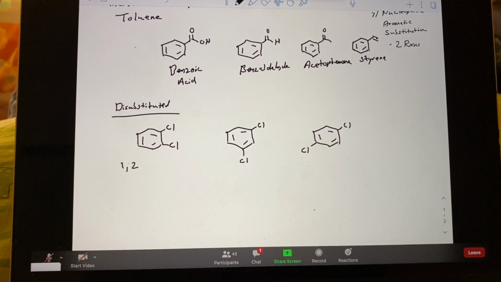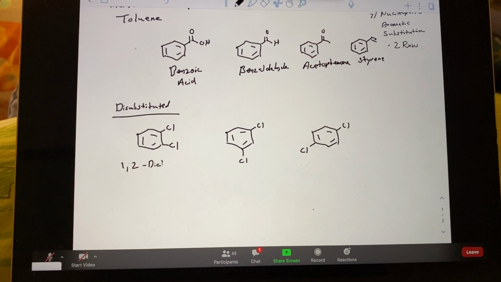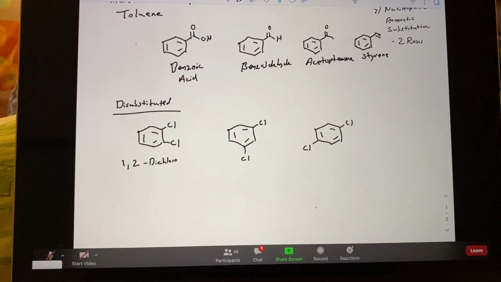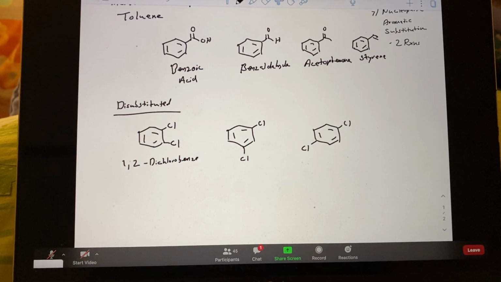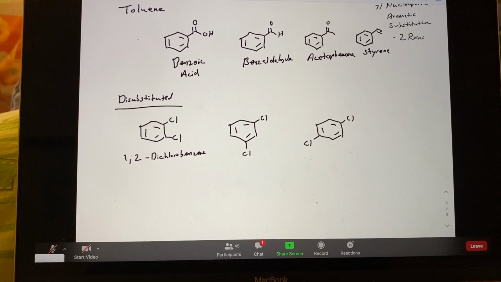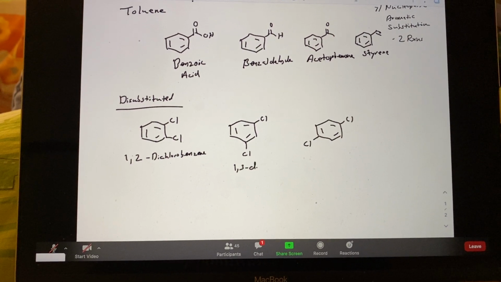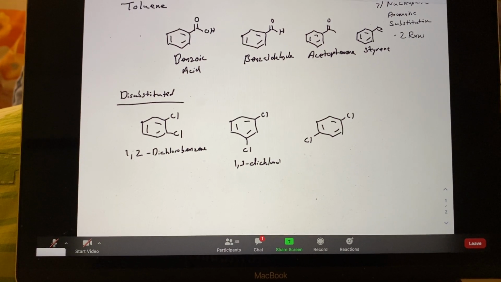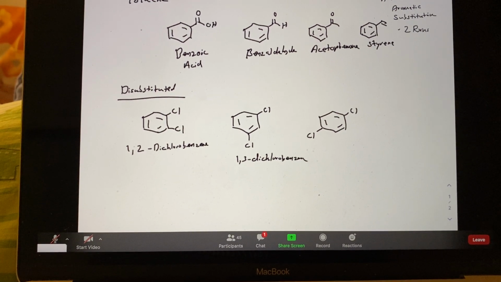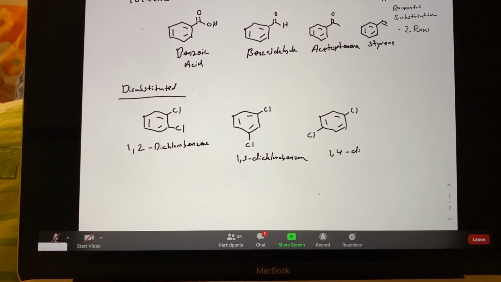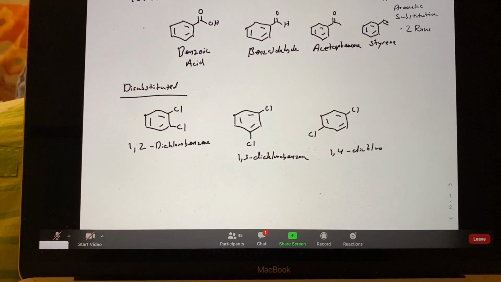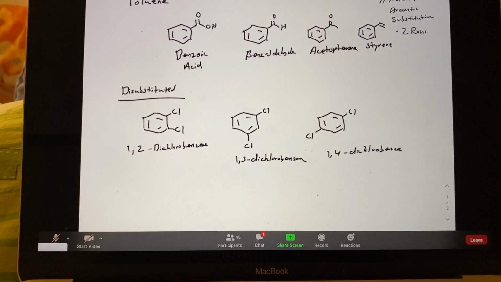So one way of doing this is calling this 1,2-dichlorobenzene. And we can do the same thing here, call this 1,3-dichlorobenzene. 1,4-dichlorobenzene. So that's one way of doing this.